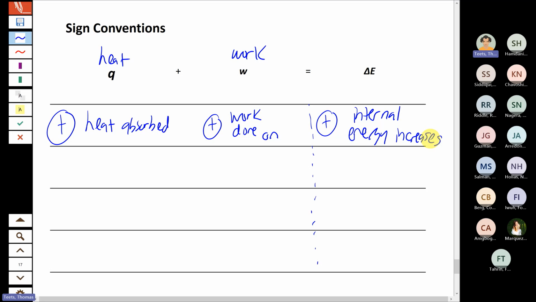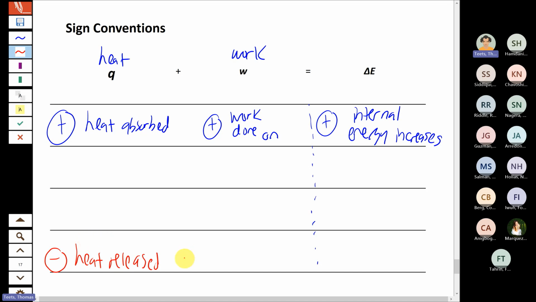And then in the opposite extreme, if both of them are negative, so in order for heat to be negative, that means heat is released. So if your system loses heat, if it gives off heat and lowers its temperature during some process, that means the term for Q would be negative.